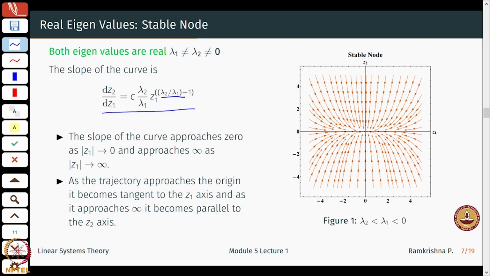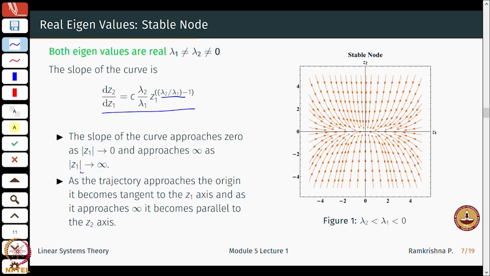It is easy to check from here that the slope of the curve approaches 0 as Z1 goes to 0. Second, the slope approaches infinity as Z1 goes to infinity.